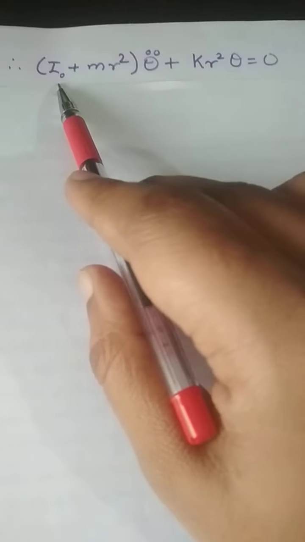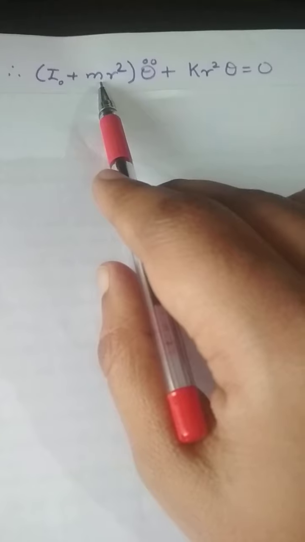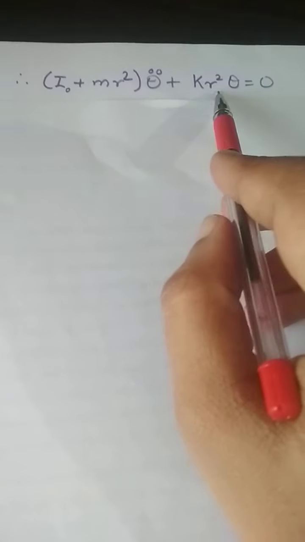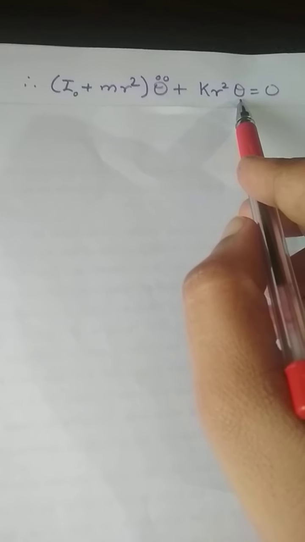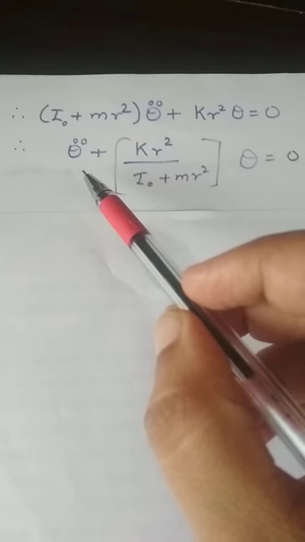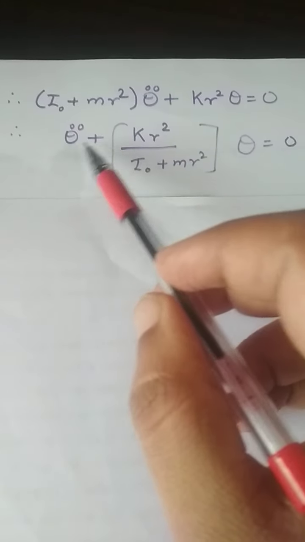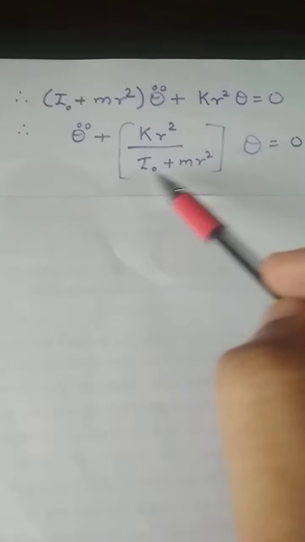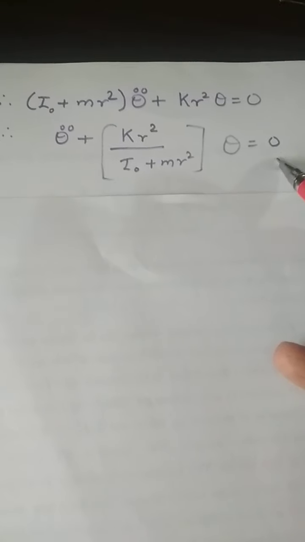So by rearranging the terms, we will get (I O plus m r square) theta double dot plus k r square theta is equal to 0. Again we can rearrange: theta double dot plus k r square divided by (I O plus m r square) into theta is equal to 0.